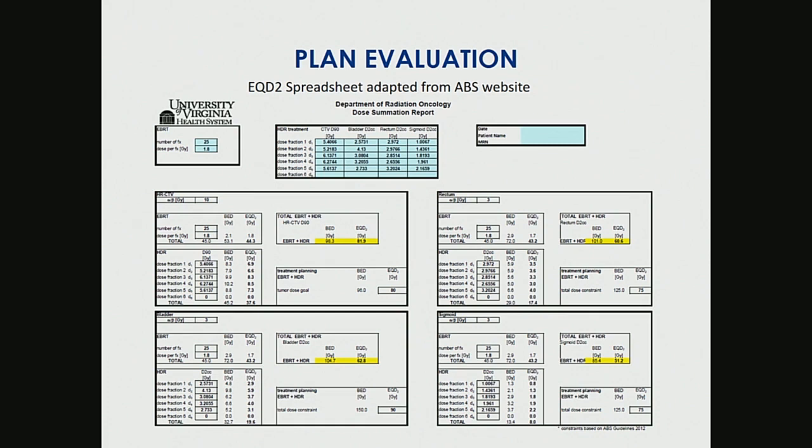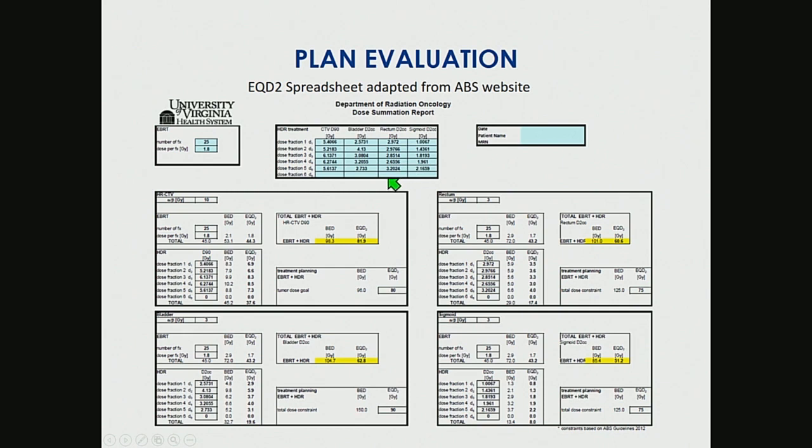I know this is hard to see. On the ABS website, there are spreadsheets for tracking EQD2 when we do this for our GYN treatments, for our cervical treatments. We have a column for the external beam portion that the patient has received. Then we update the CTV and the D2cc of the different bladder, rectal, and sigmoid structures.